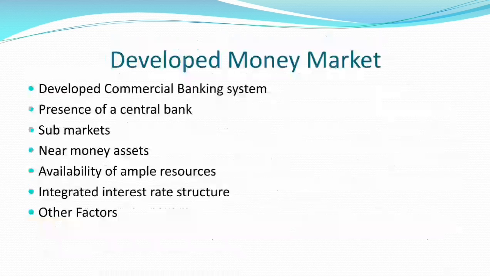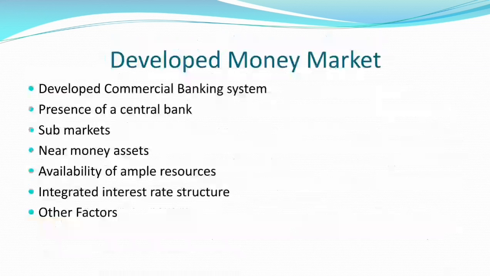The interest rate structure means that various types of money market instruments are there. For each money market instrument, there is a fixed interest rate system or a flexible interest rate system, etc. So it must have control by the Reserve Bank of India, and this integrated interest rate structure must be there for a developed money market.